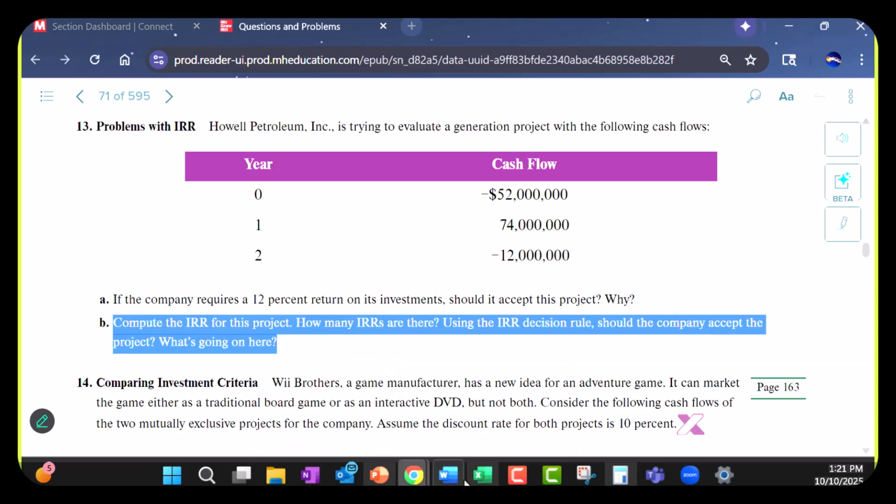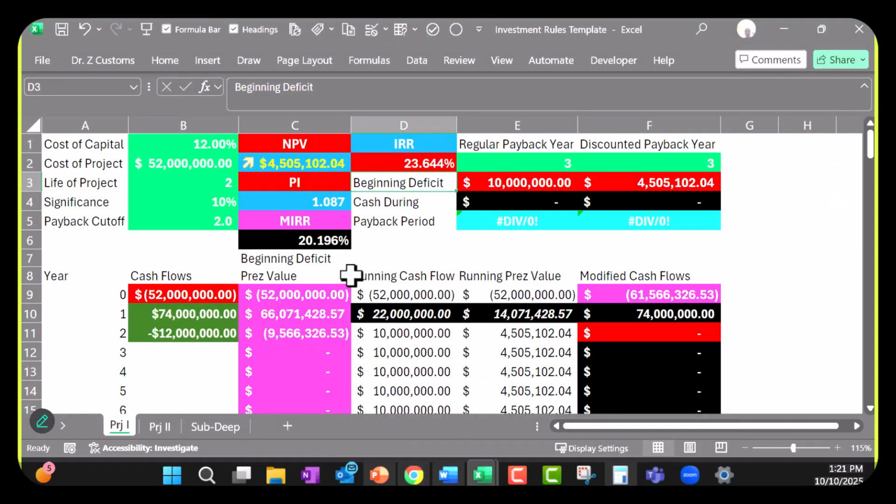But in that case, we can always go back to NPV. This project has a $4.5 million NPV. It's not very high relative to the cost. As you can see, PI is only about 1.09, but still positive.